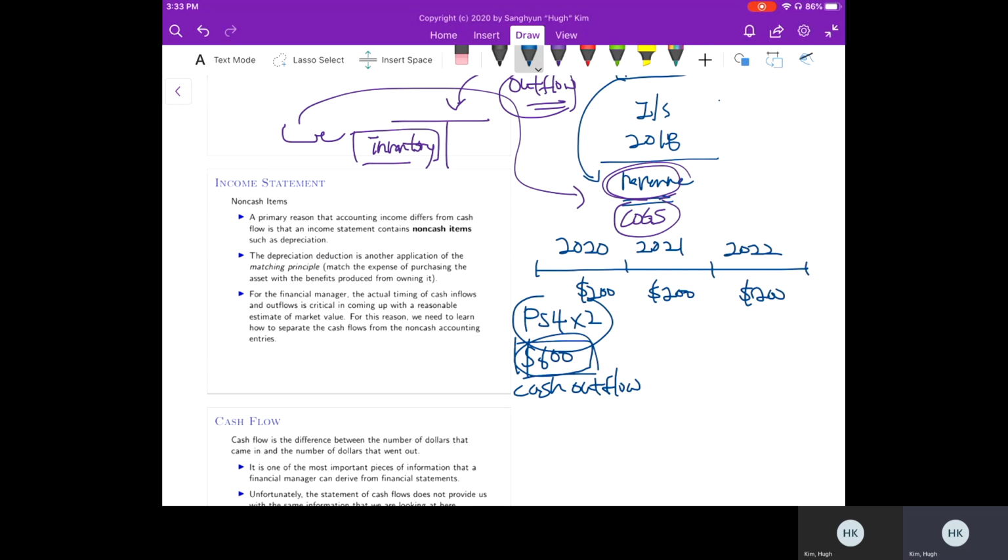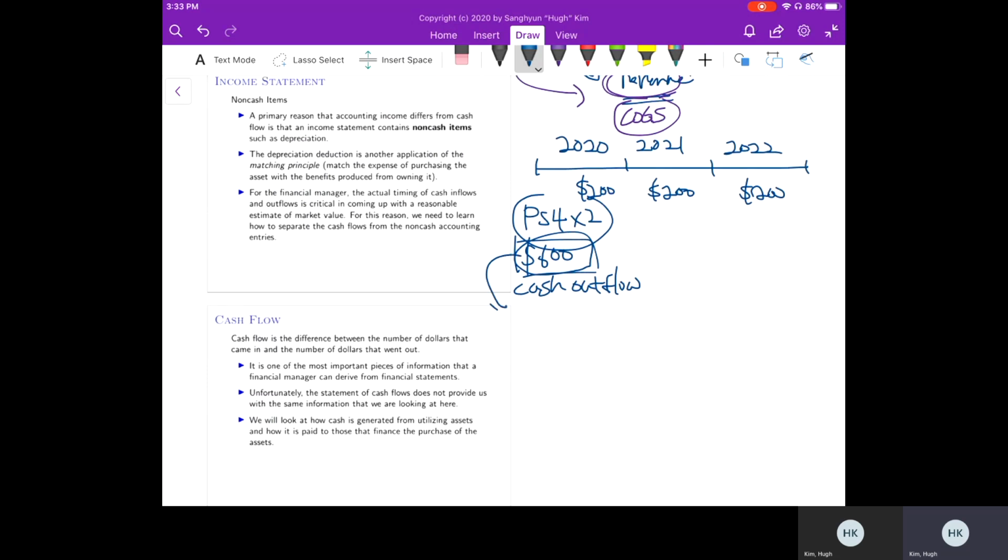So how it works is that you first put this on your balance sheet. This is in the fixed assets. So PS4 consoles, 2 of them, which is worth $600. So $300 each. That's your balance sheet at the beginning of 2020.